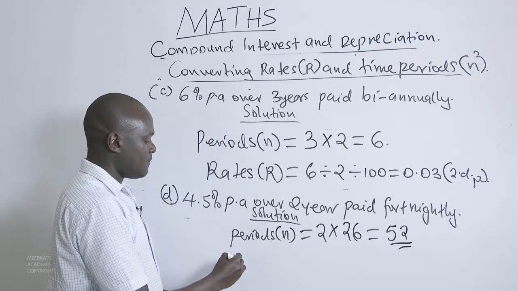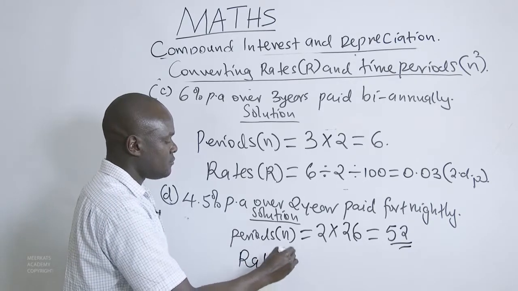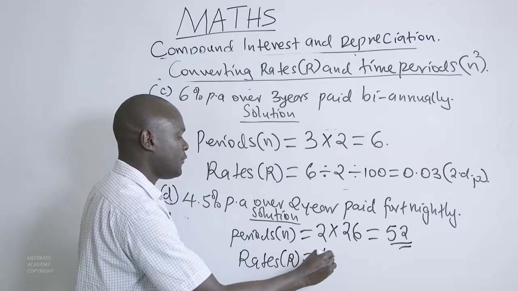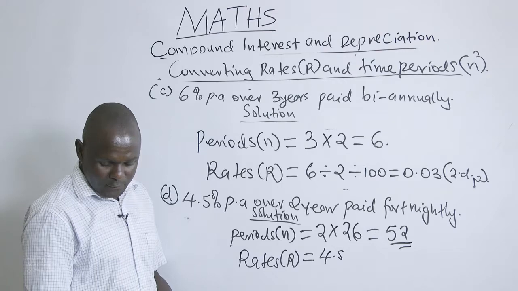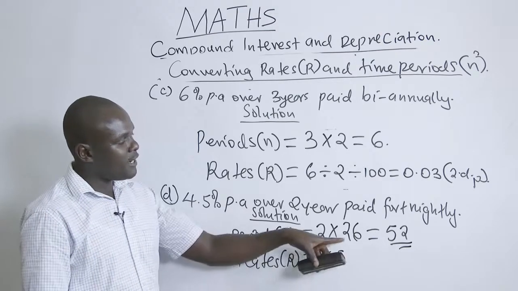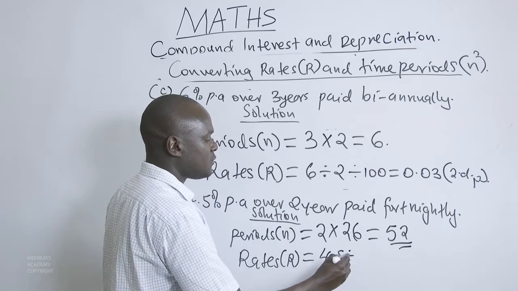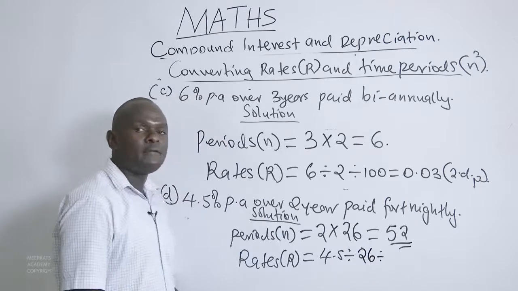And lastly, the rates. The rates we are given here, they are 4.5, and remember we have 26 fortnights. So when we divide by 26, we will get the rates per fortnight.